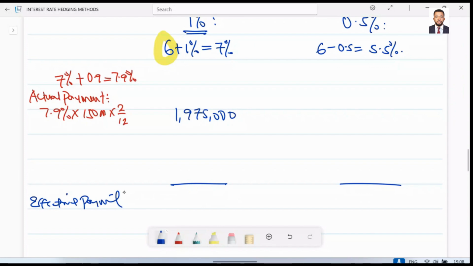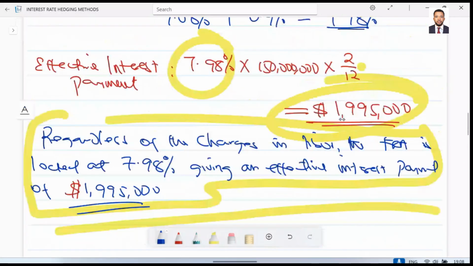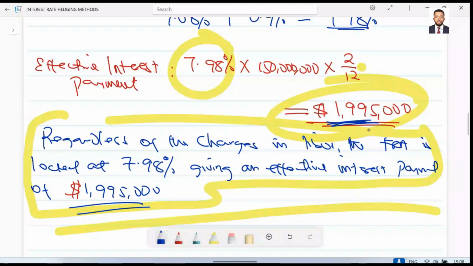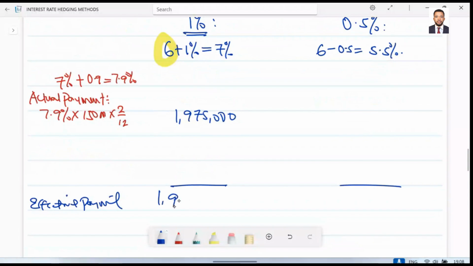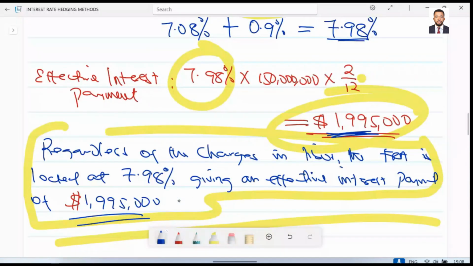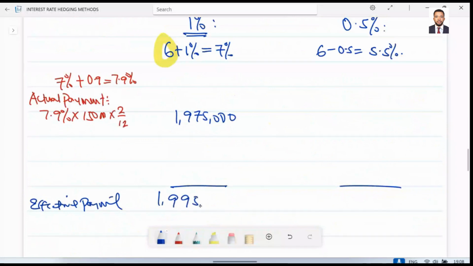At the end of everything, how much am I going to be paying? 1,995,000. This is how much I'm going to be paying eventually.